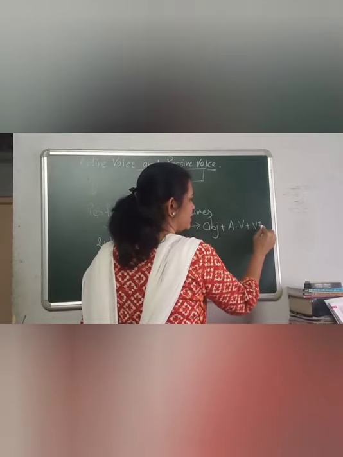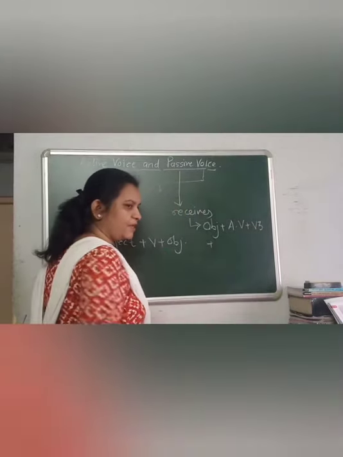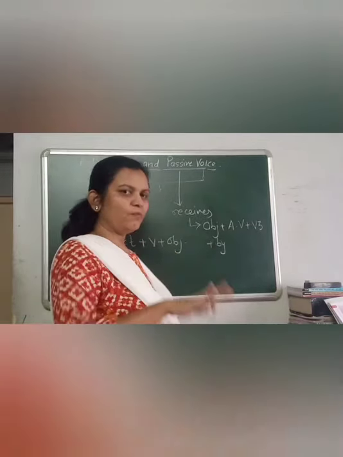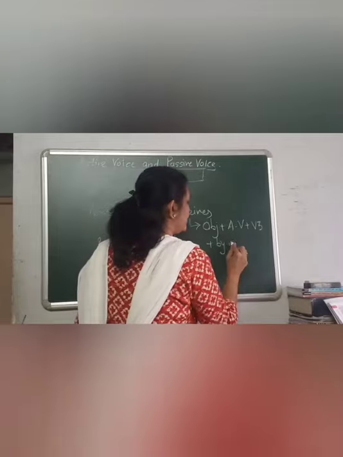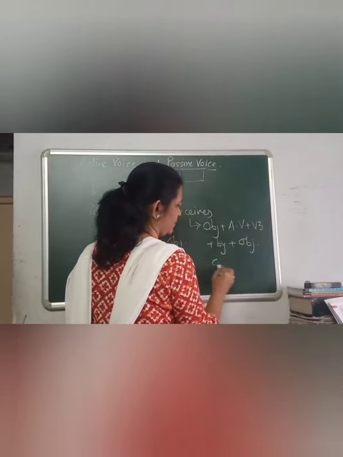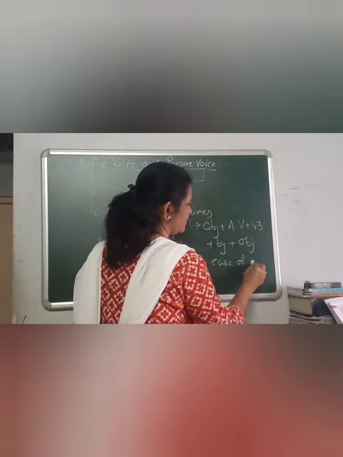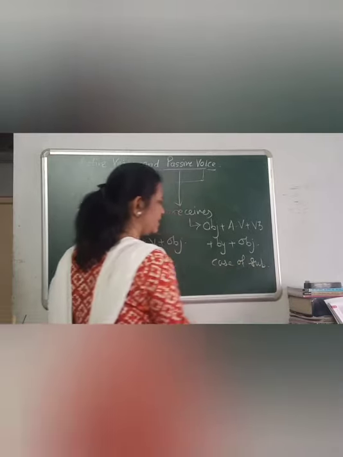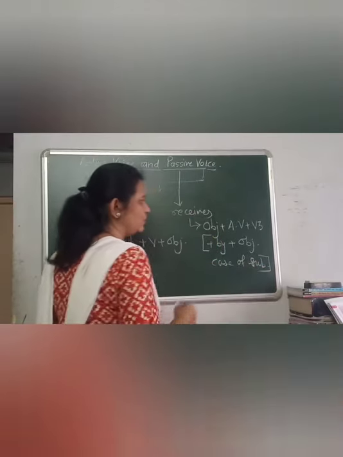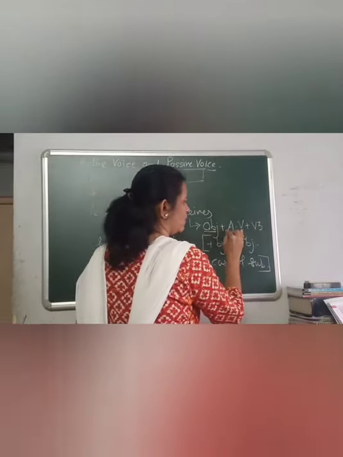Then the past participle of the verb, means V3. Then the preposition 'by' is used, means by whom the action is done. And then the objective case of the subject is used there.